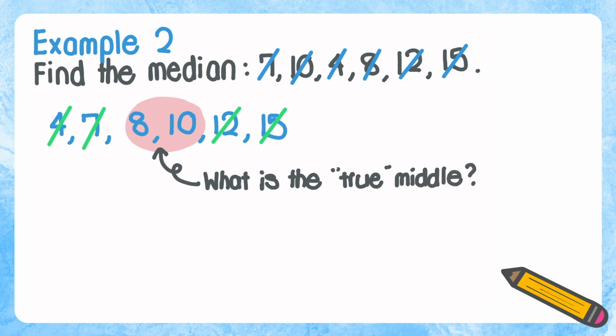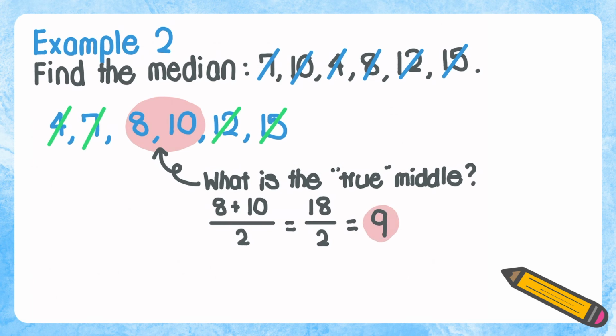So how you can mathematically find this is to find actually the average of these 2 numbers. So you're going to do 8 plus 10 and then divide that by 2. Think of it as finding the midway point or the halfway point. So 8 plus 10 is 18. 18 divided by 2 is 9.